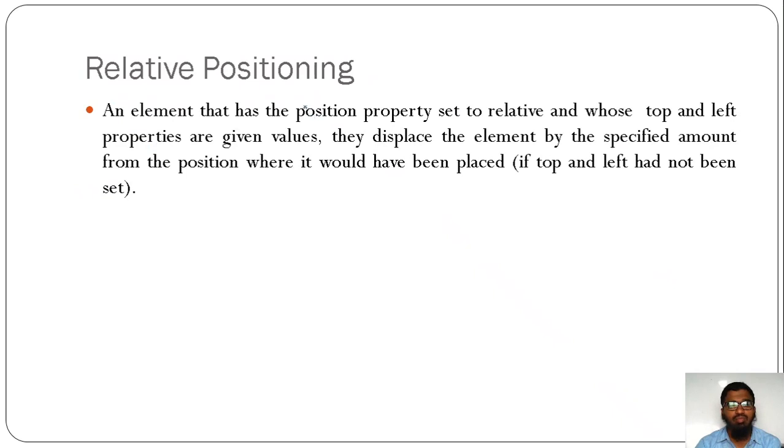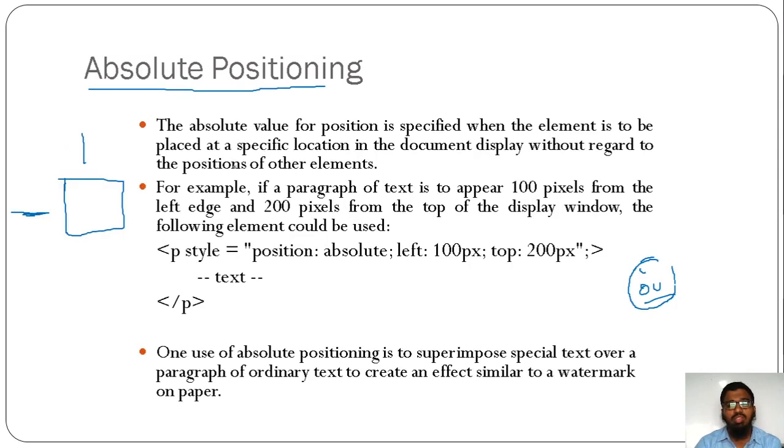What is relative? Relative is a position property value. For an element whose top and left properties are given values, it displays the element offset by the specific amount from the position where it would have been placed if top and left had not been set. You have to set the top and left in absolute.